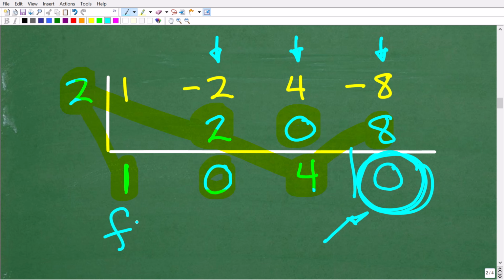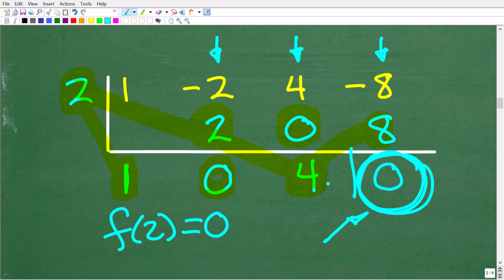Recall f of 2 is equal to 0 when we plug this 2 into the function. This might be a little bit confusing because I showed it to you for the first time, but I can tell you right now, this is often a much faster, cleaner way to evaluate functions, and you definitely need to understand synthetic division.